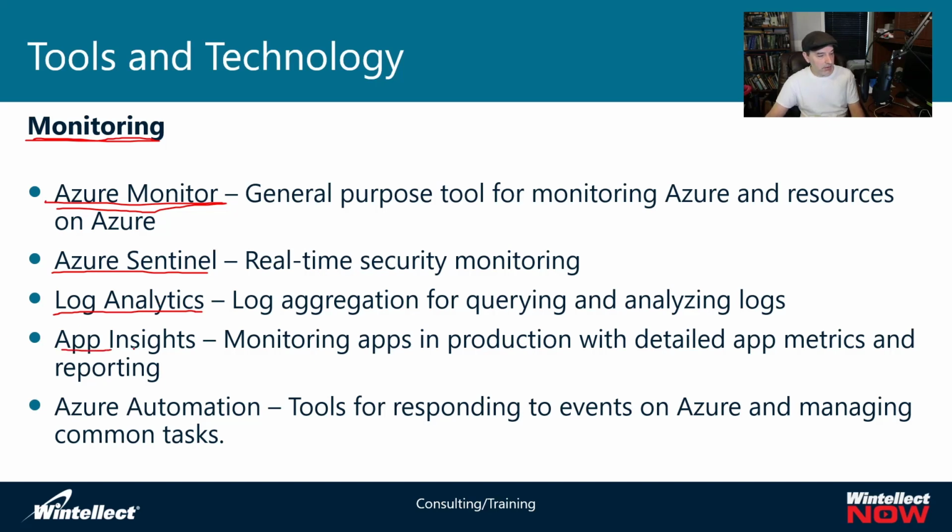Now, App Insights is a point solution built on top of Azure Monitor and Log Analytics that's specifically designed for app instrumentation. So with this, what you have is code level analysis going on inside of something like Azure App Services or a container that's actually proactively monitoring your application.